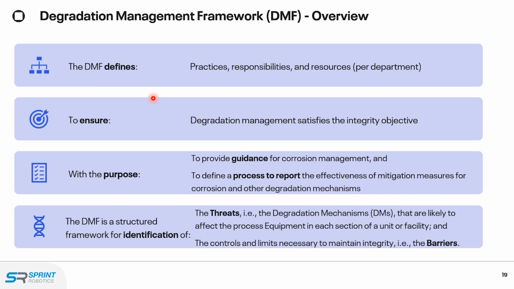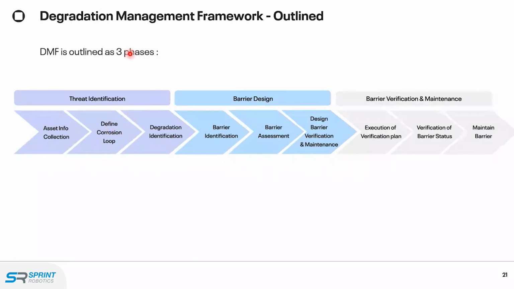And what is that workflow? The outline is that we identify the threat, right? To identify that threat, you need to understand information about the asset. So that integration that you have from your specifications will be quite important. We can define corrosion loops, grouping components that degrade in a similar way into a loop.